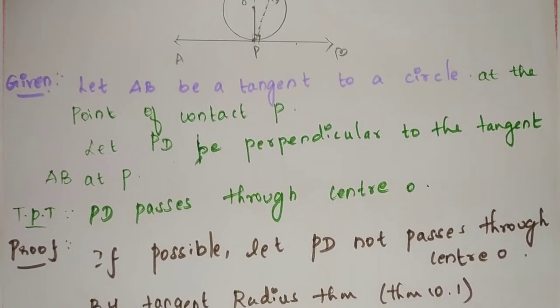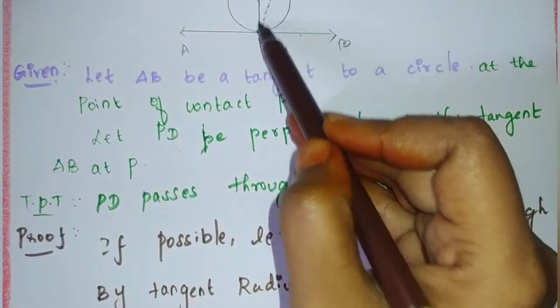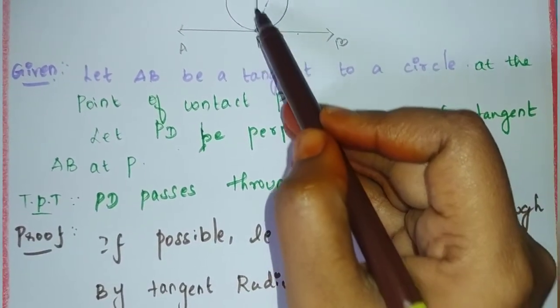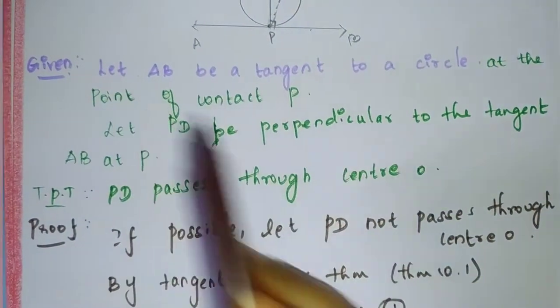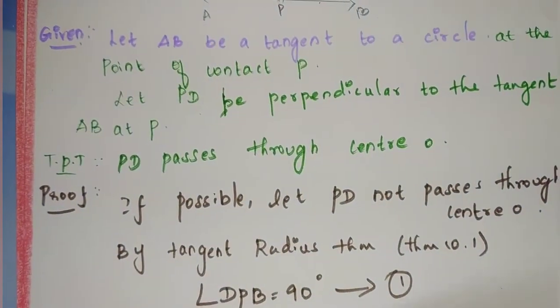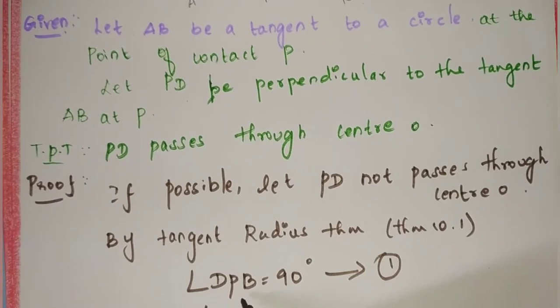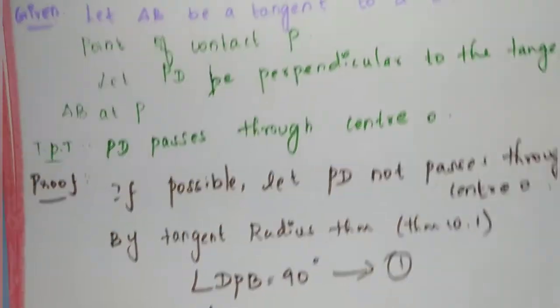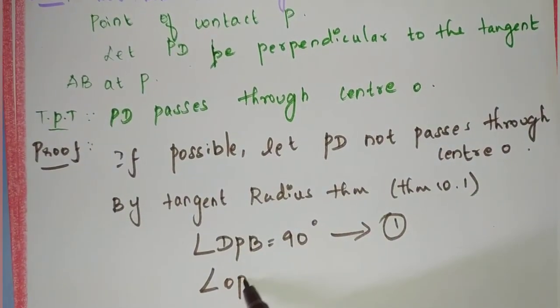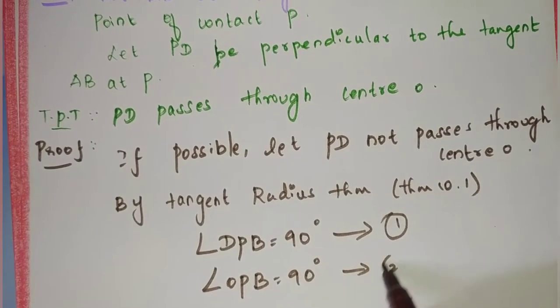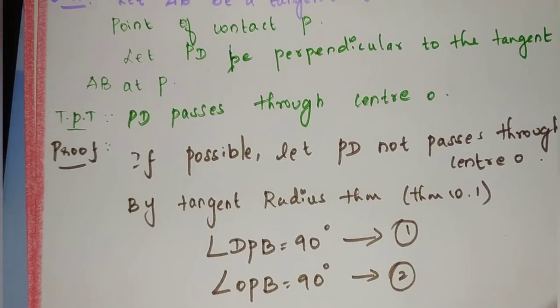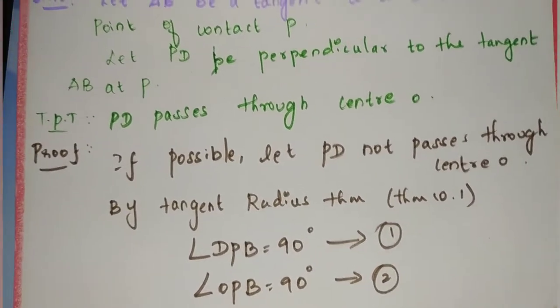And already we drew one line, that OP, that is a perpendicular line. So I am going to write that angle OPB is equal to 90 degrees. That already we know. Both we are going to write by theorem 10.1.